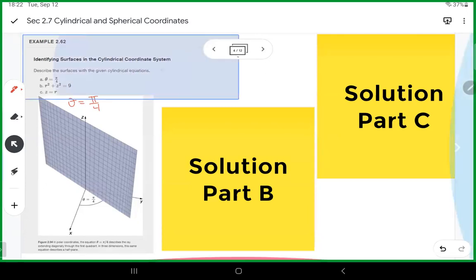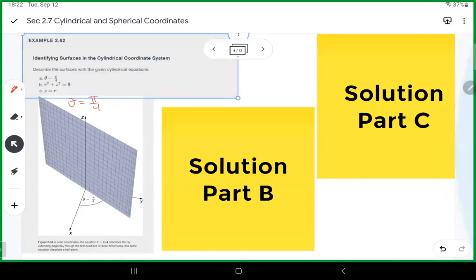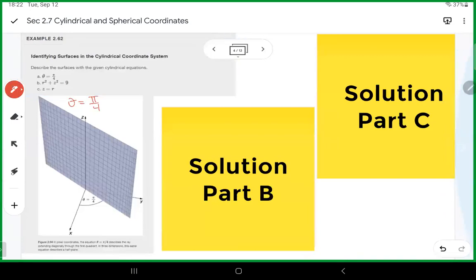So this is for B. If we know that r squared is equal to x squared plus y squared, then we would have x squared plus y squared plus z squared equals 9.